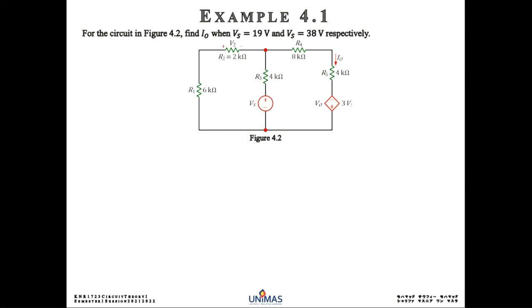Now here is an example to apply the linearity property. You have the I naught here. So what is the I naught when Vs is equal to 19 and 38 respectively? How do you do this according to the linearity property? You just find the relationship of the I naught.